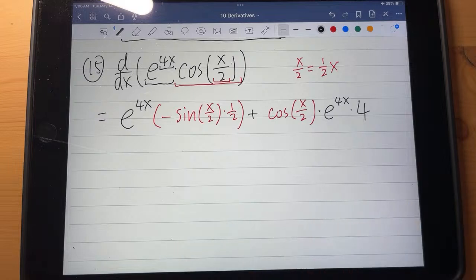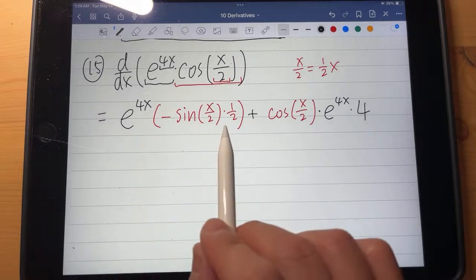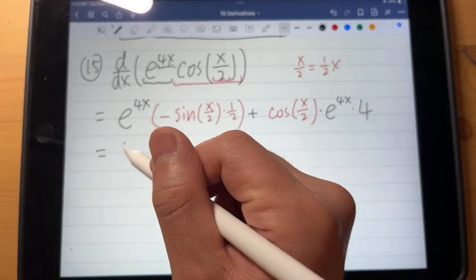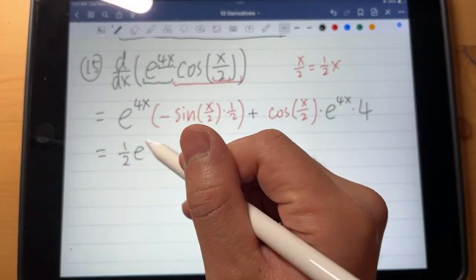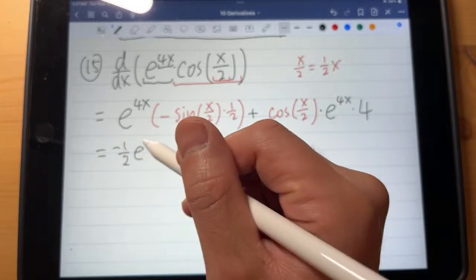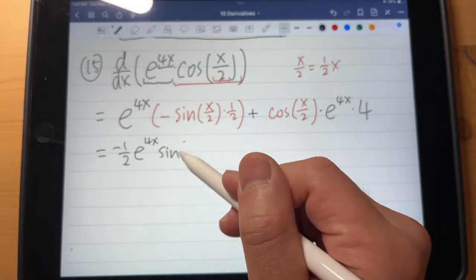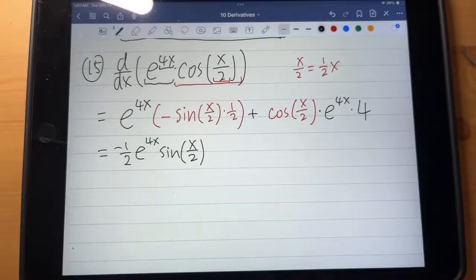And now perhaps we just clean up a little bit. For example, we can put a negative 1/2 to the front. So this right here gives us negative 1/2 e to the 4x, and then we have sine of x over 2.